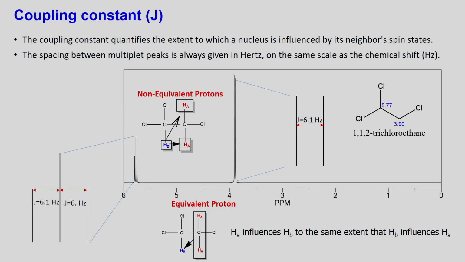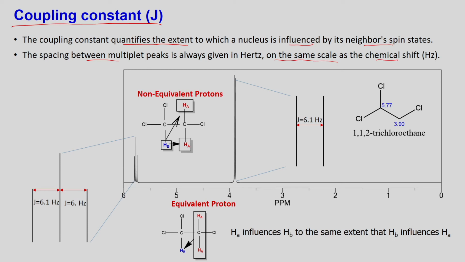Yes, there is a way to couple them, that is called the coupling constant. So, what is the coupling constant? The coupling constant quantifies the extent to which a nucleus is influenced by the neighboring spin states. The spacing between multiple peaks is always given in Hertz, the same as chemical shift.